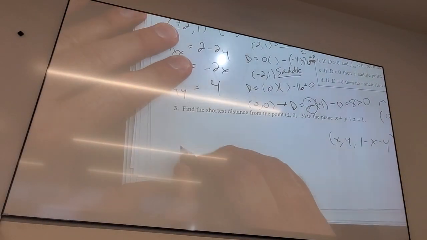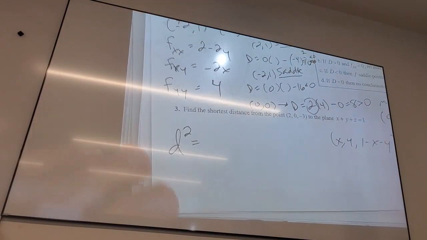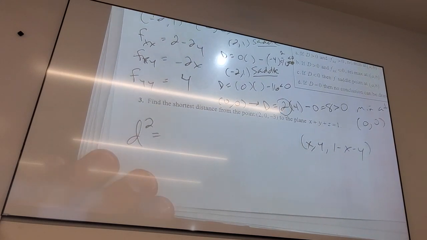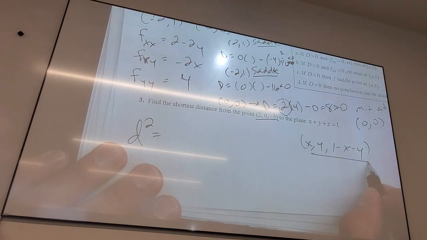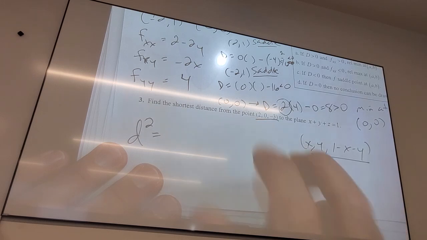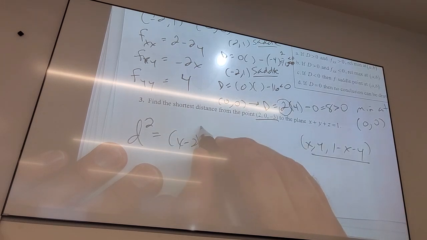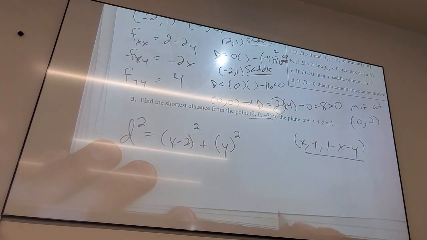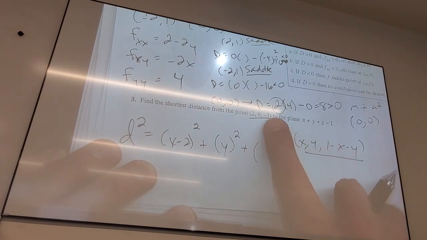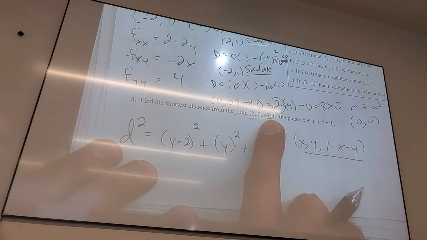So can somebody tell me what's d squared? What's the distance squared? How do I find the distance between 2 points? Good. X minus 2 squared. Y minus 0 squared. Minus 1 minus x minus y minus negative 3, yes?